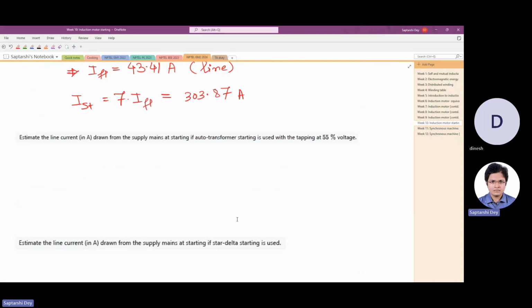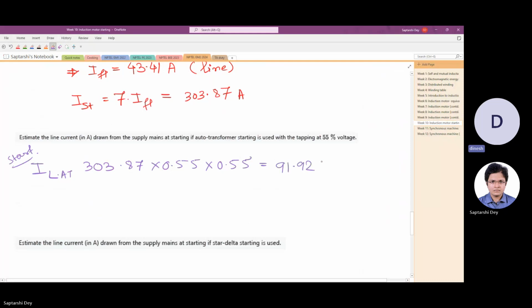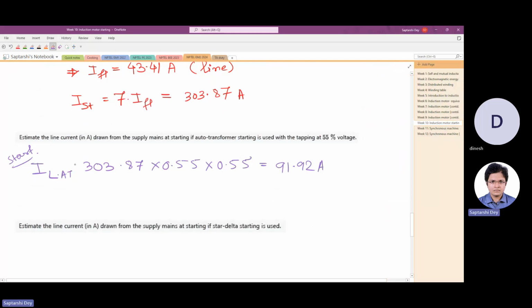Auto transformer tapping is 55%, so the starting current at the motor end, the secondary side of the auto transformer, becomes 55%. Now on the primary side, another 0.55 comes because of the turns ratio. So this is the line current at starting if auto transformer is used. How much is it? It is x squared times IDOL, somewhere close to 91.92 ampere.